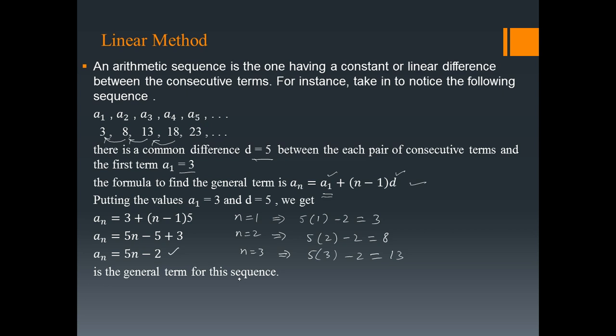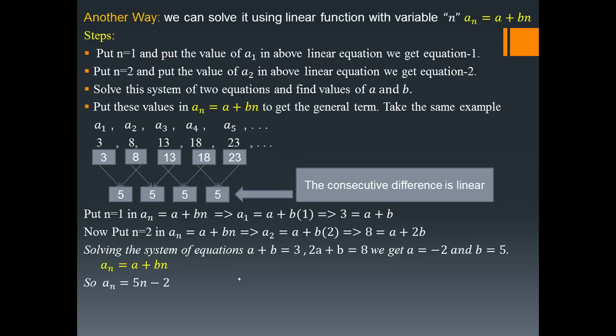Now we are doing another method for this arithmetic sequence, and this is also known as the linear method. How can this be done? Again we are taking the same sequence 3, 8, 13, 18, 23.